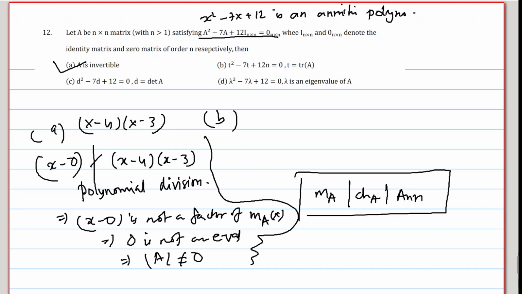I want to make one more distinction here. A small point to be noted: I think I should change this notion of the characteristic polynomial dividing the annihilating polynomial, and keep it simply as the minimal polynomial dividing the annihilating polynomial, because the characteristic polynomial by definition is always of degree n.